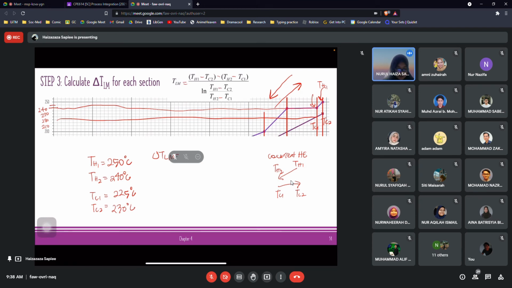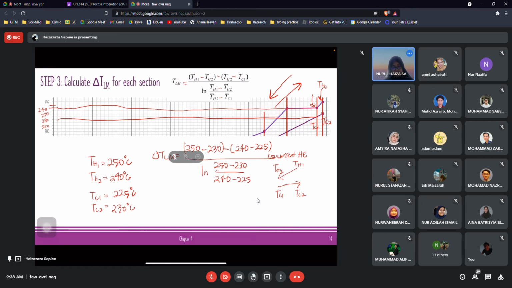So your TH1 250 minus TC2 which is 230, minus TH2 240 minus TC1 225, over ln 250 minus 230, 240 minus 225.